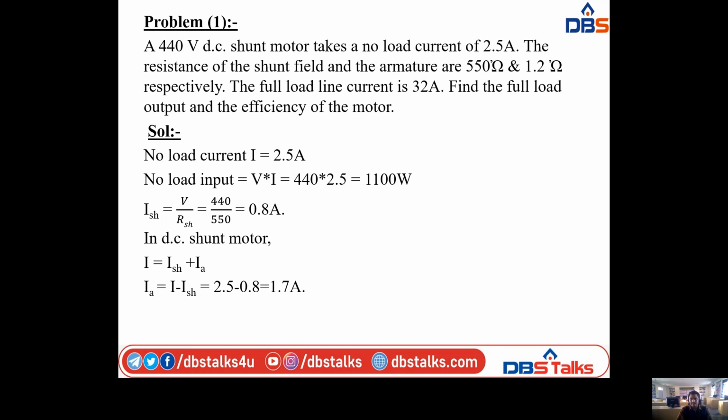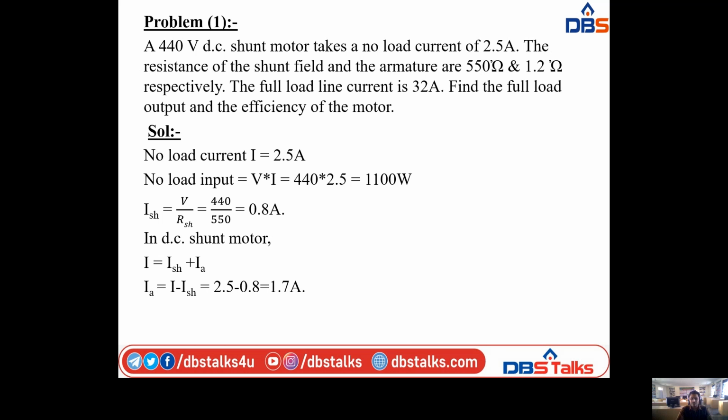The no load input power is equal to V into I naught. The voltage is 440 volts into the no load current 2.5 amperes, and finally we have the no load input P naught equal to 1100 watts.